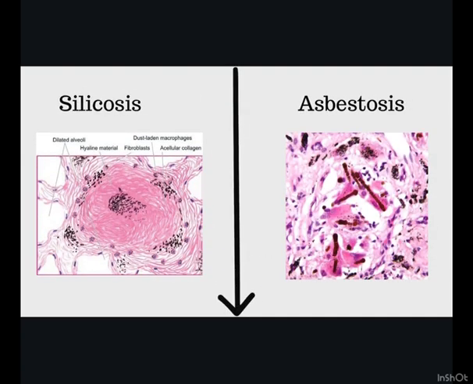Moving on to the next pigment, which is silica. Silica is usually deposited in a condition called silicosis. So, whenever there is silicosis present, it will present with a progressive pulmonary fibrosis.